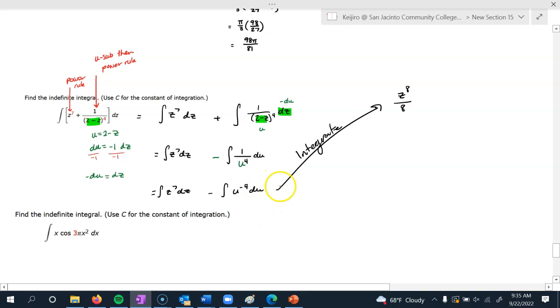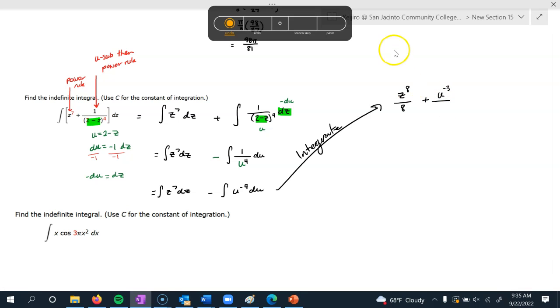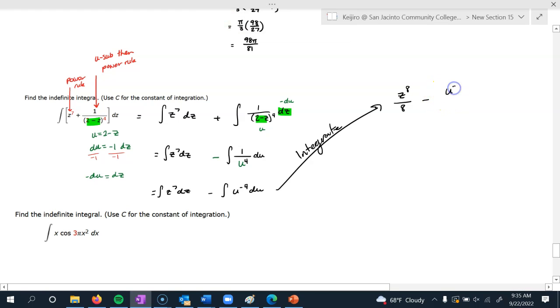So that'll end up giving us plus 1/3, or plus, whichever way you want to think of it, u to the -3 over 3. Actually, let me write it this way, it'll be better. u to the -3 divided by -3. That's probably a little clearer what's happening.